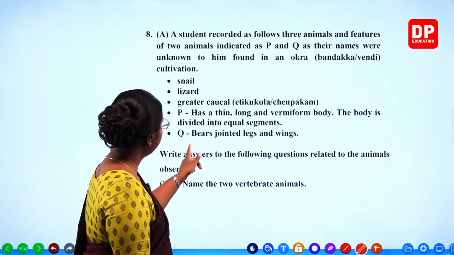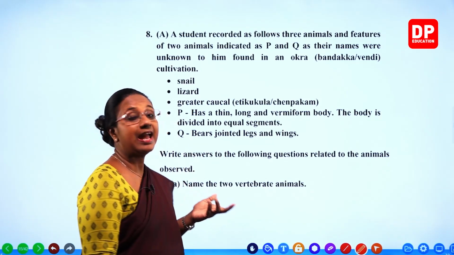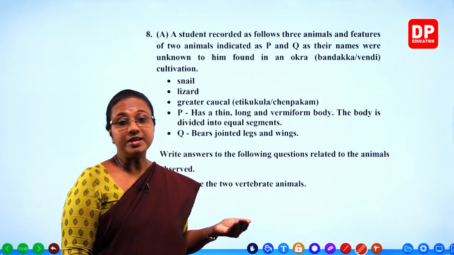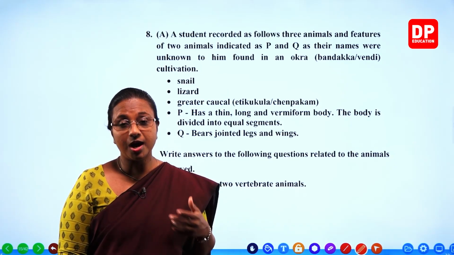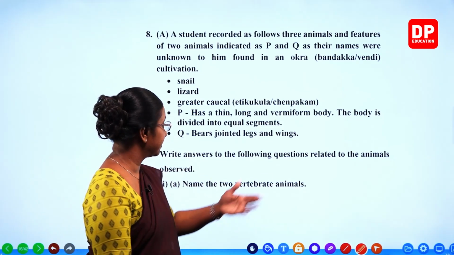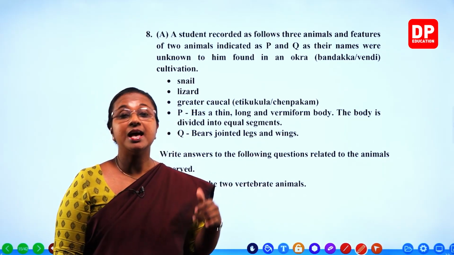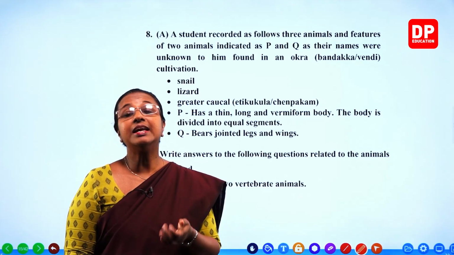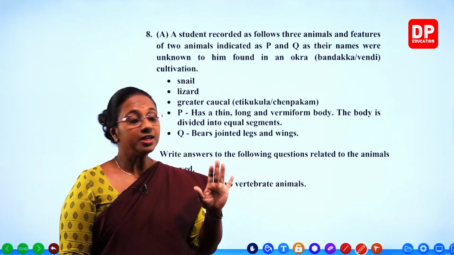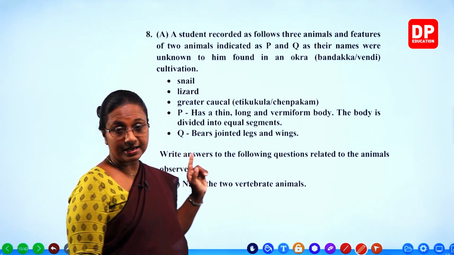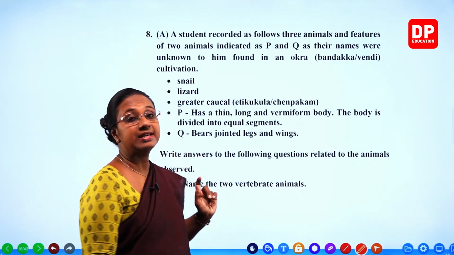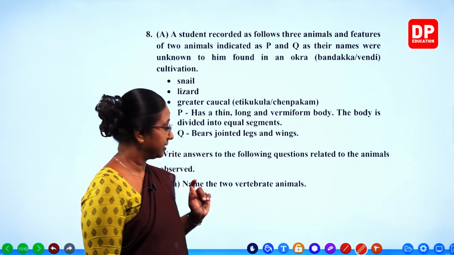Then Q, it bears jointed legs and wings. So obviously when there are jointed legs, that means it is an arthropod. Arthropoda means jointed legs. And if it has wings, under arthropods there are insects. So I am sure you all can identify these two, P as an annelid worm and Q as an arthropod insect.